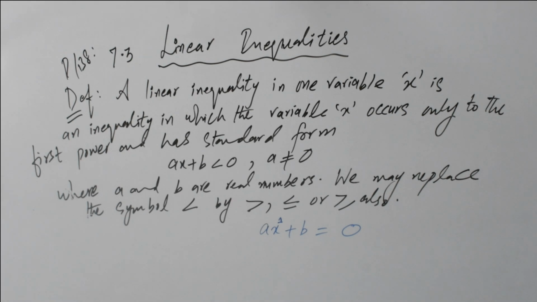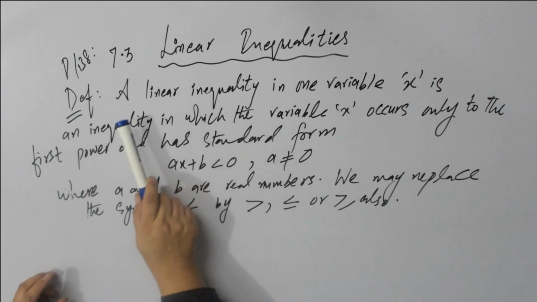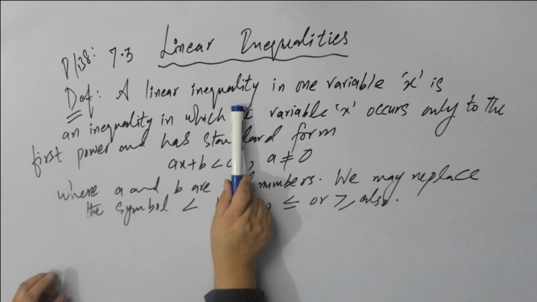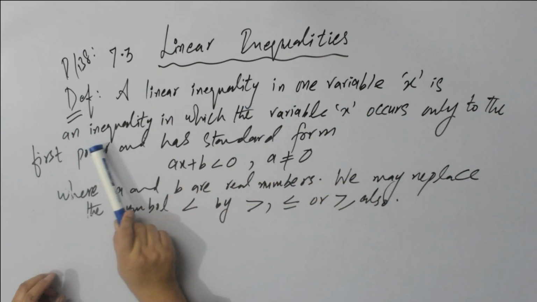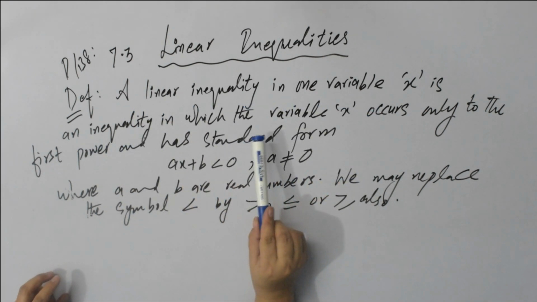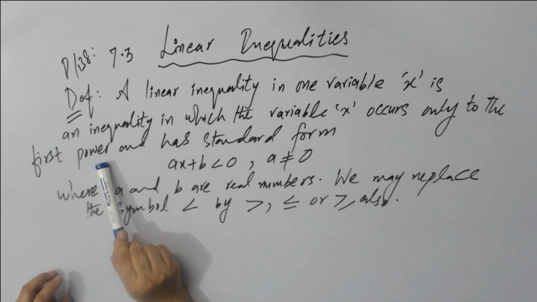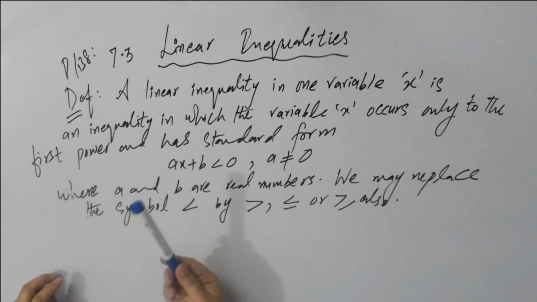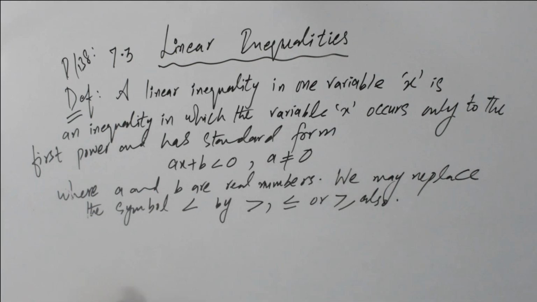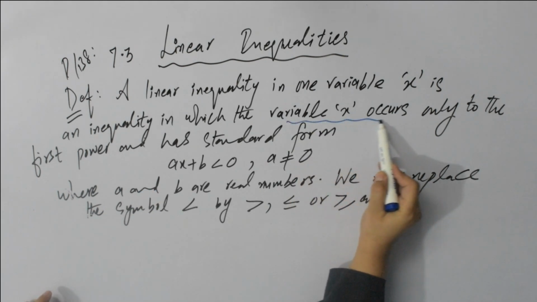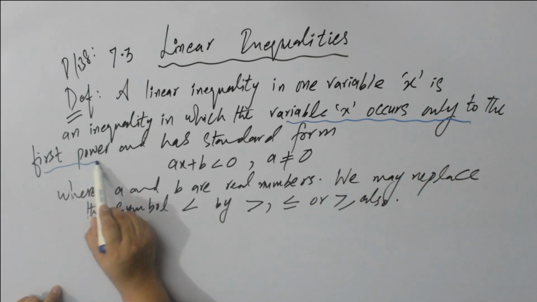What is its definition? You should know its definition before doing 7.3. A linear inequality in one variable x is an inequality in which the variable x occurs only to the first power. Linear means the variable occurs only to the first power.